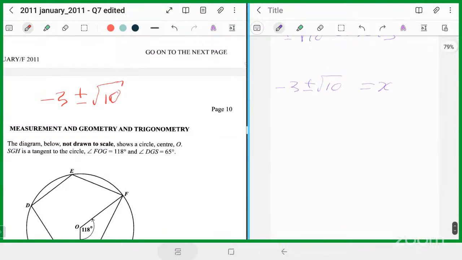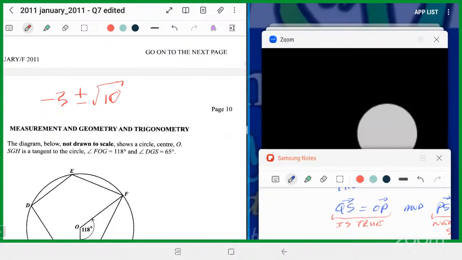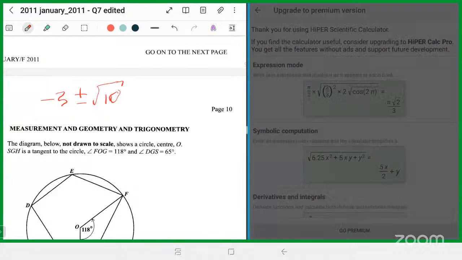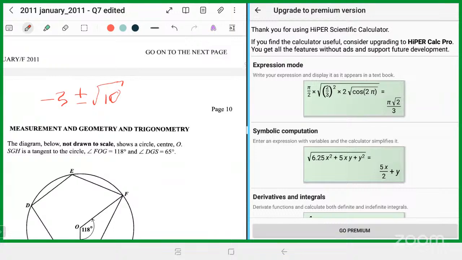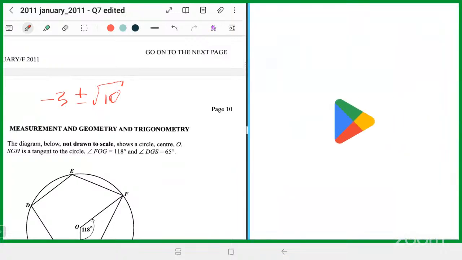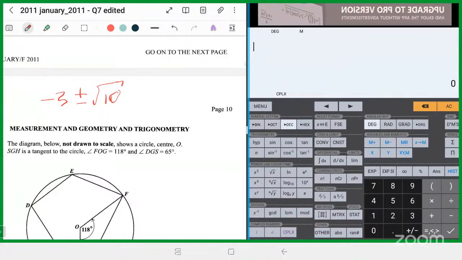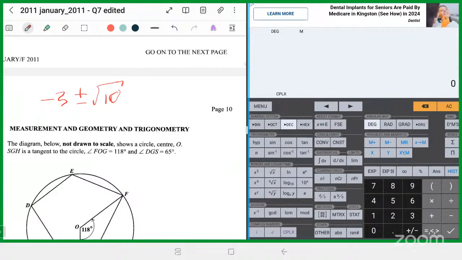Let me do it on the calculator now. So it's -3 plus square root of 10.